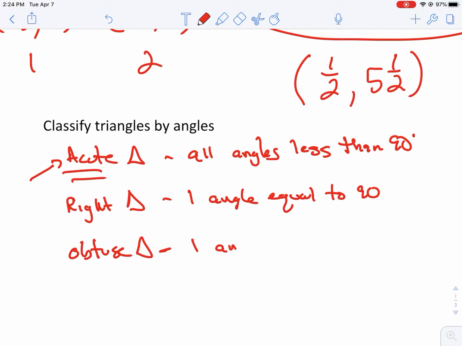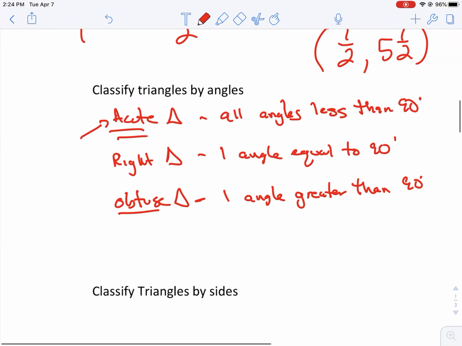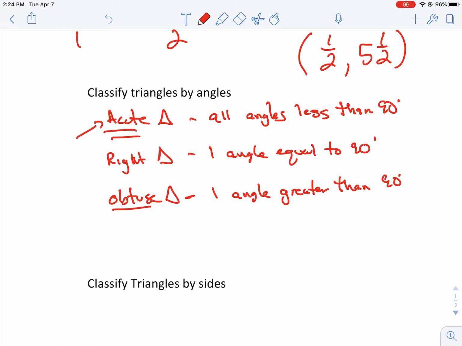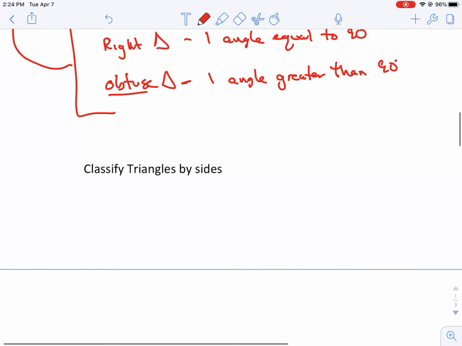And an obtuse triangle has one angle greater than 90. That's all you have to remember. That's all you have to identify. Obtuse means greater than 90. So you're going to be looking at some triangles, deciding what they are by either acute, right, or obtuse. Just remember, these are the three that identify it by its angles.